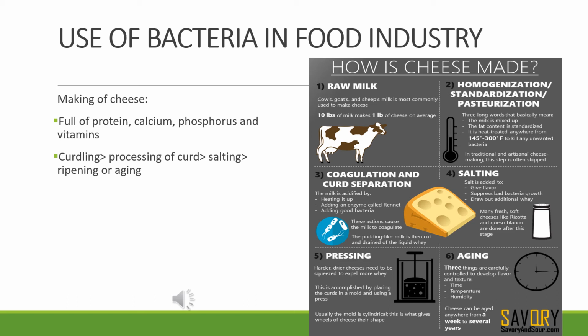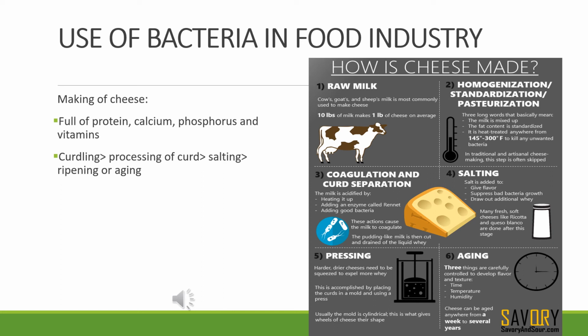The fourth step is called salting. Salting is adding salt to the solid portion of the milk after removing the whey, and this gives a characteristic salty flavor to the cheese. It also suppresses some bacterial growth, and if any excess whey is present in the solid portion of the milk, it gets rid of that excess whey.